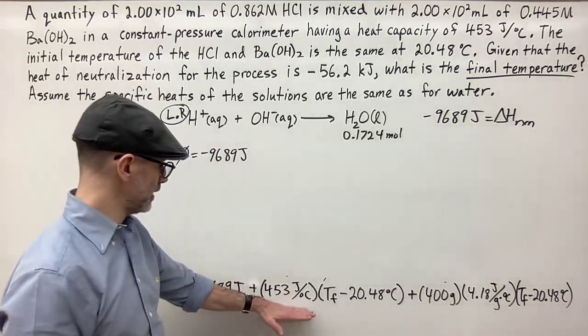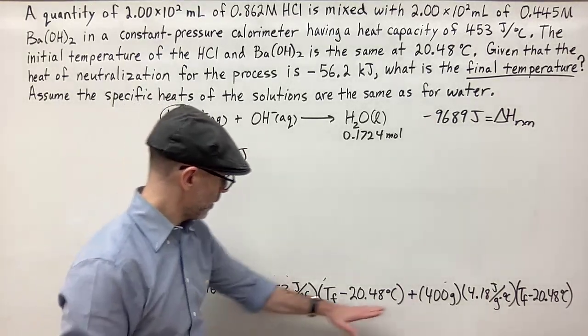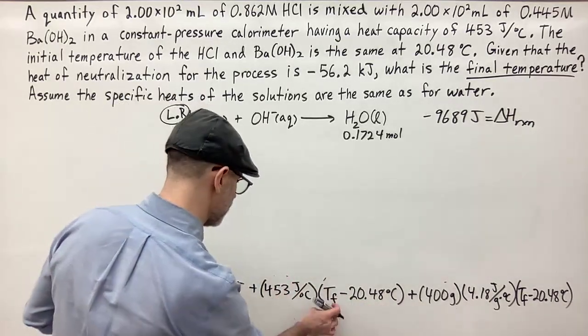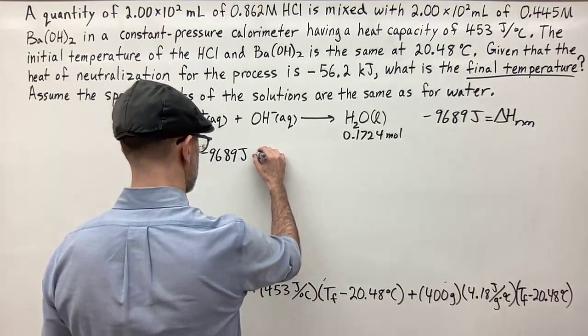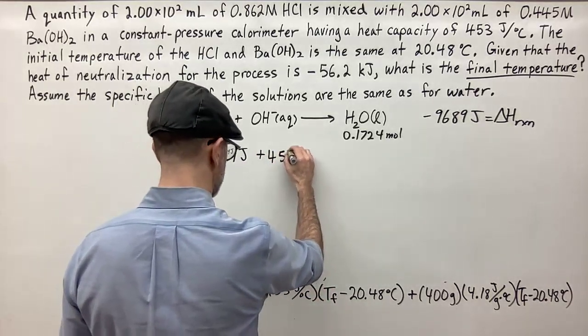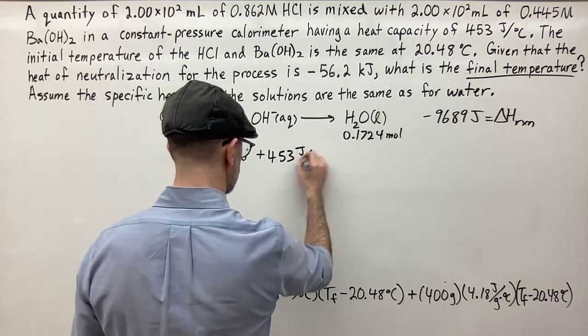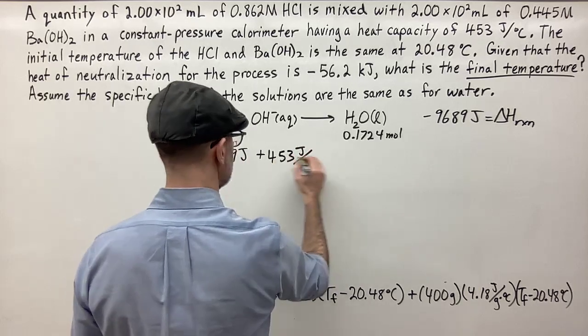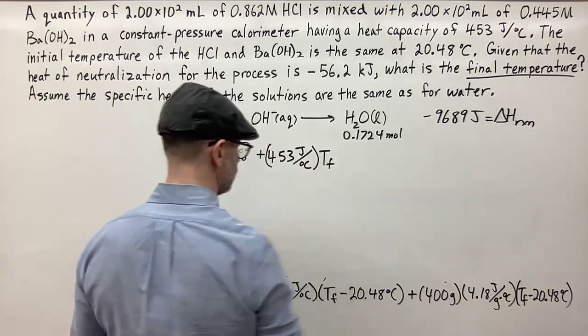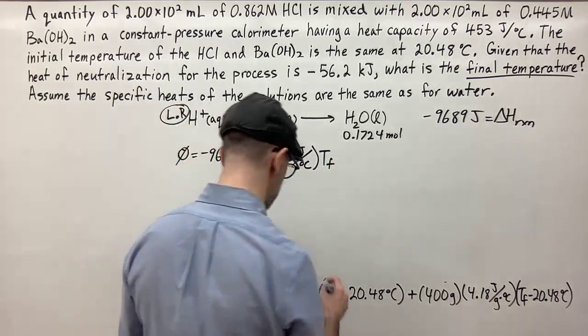Now what I need to do is multiply this to both of these. When I multiply this to this, I'm going to get added a positive 453 joules per degree Celsius multiplied by the final temperature, whatever that is. We're going to solve for that.